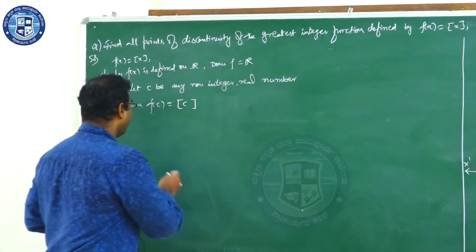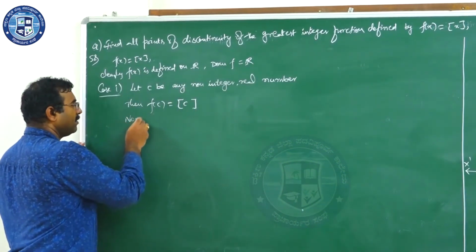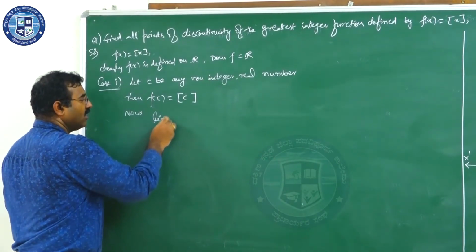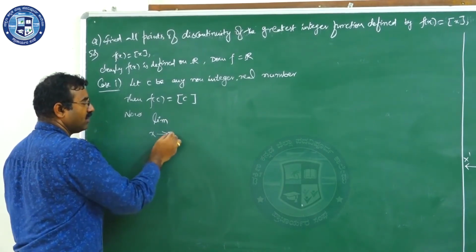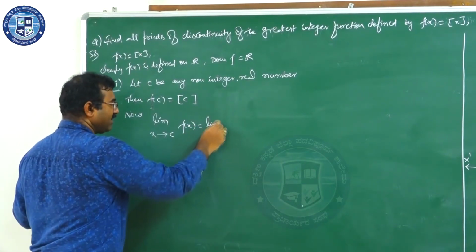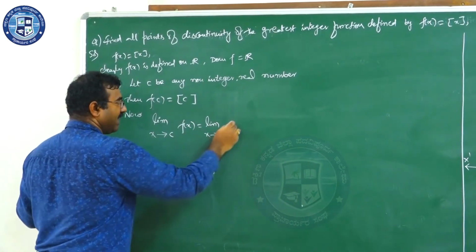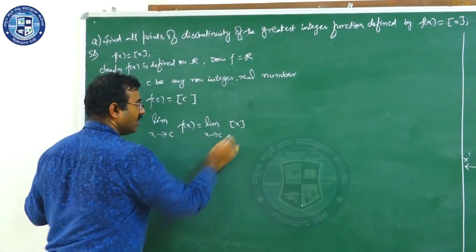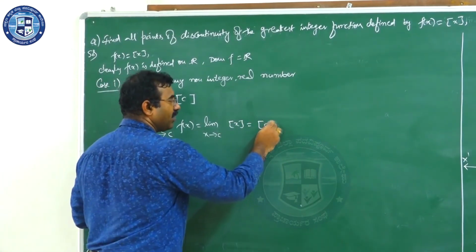So you are getting here now the limit as x tends to c of f(x). So the limit as x tends to c, f(x) is [x]. So you are getting [c].